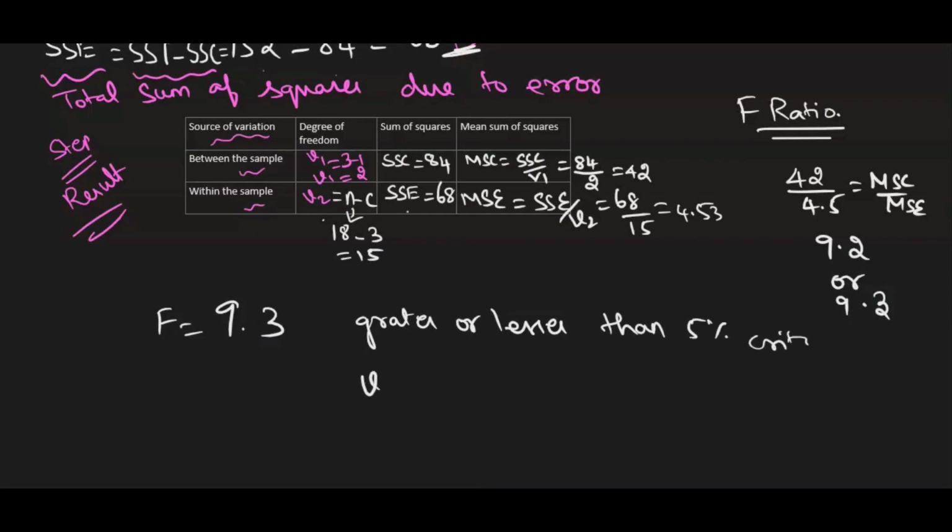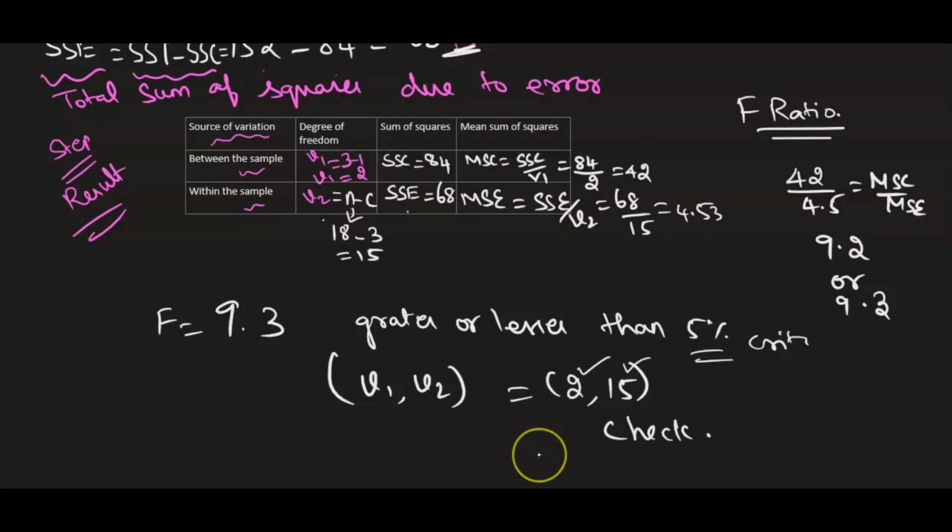For what degrees of freedom? We have degrees of freedom V1, V2, that is 2 and 15. So you have to check in the tabular column what the value is corresponding to these degrees of freedom V1 and V2 for 5%. This value happens to be 3.68 from the tabular column, your F value.